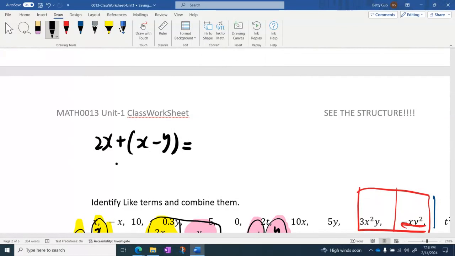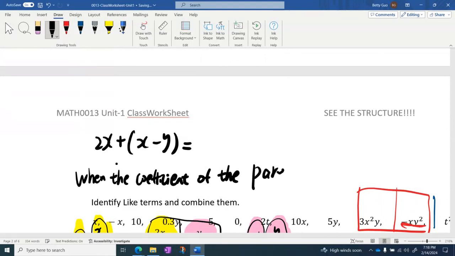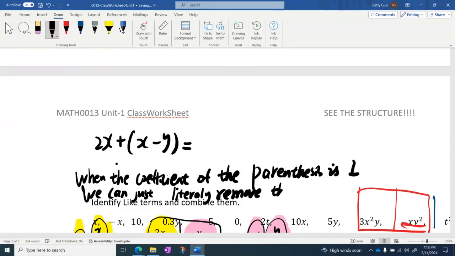So when the coefficient of the parentheses is 1, we can just literally remove the parentheses.